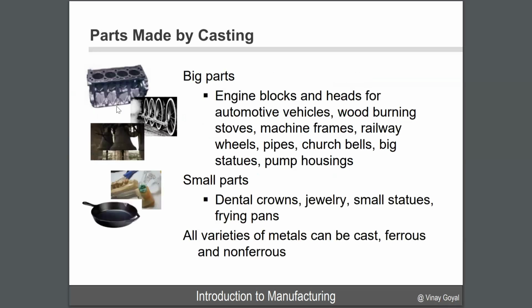Many parts are made by casting. That includes engine blocks in an automotive vehicle, wood burning stoves, machine frames, railway wheels, pipes, church bells. A lot of pump housings can be made this way. Valves, for example. You can also make small parts by casting, for example, dental crowns, jewelry, small statues, frying pans.